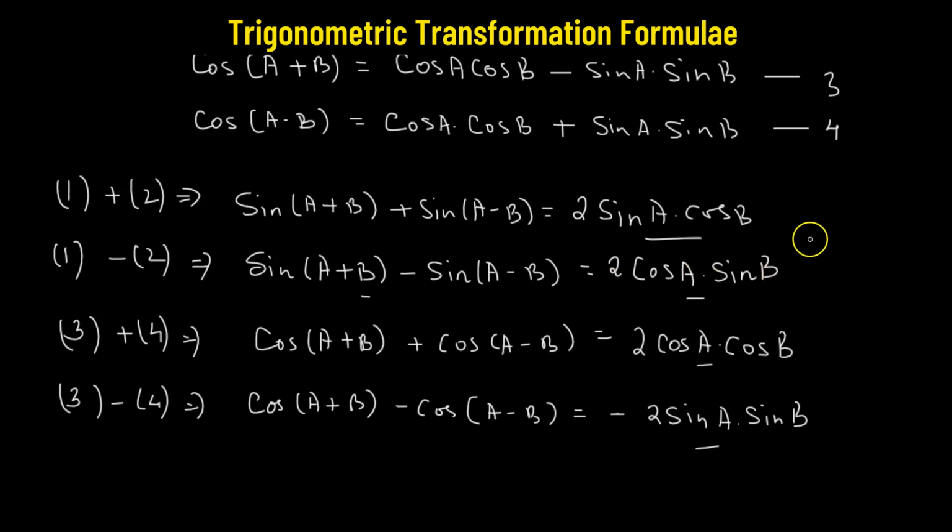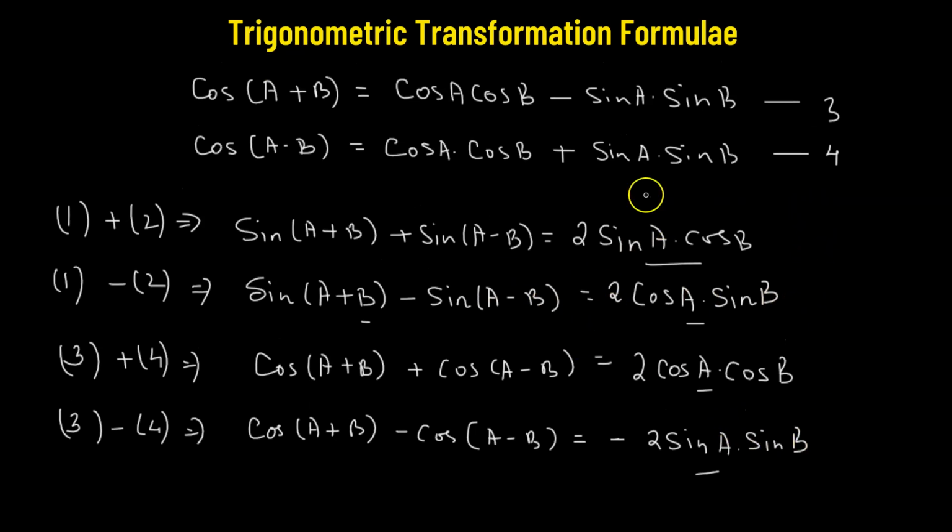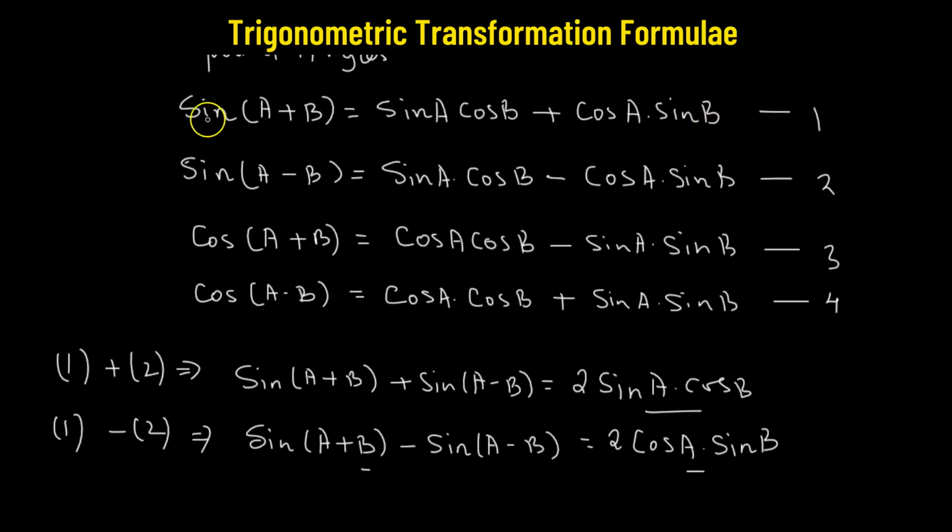Even if you forget this formula, you can always derive it the way we did here. But for this, of course, you'll have to remember the trigonometric ratios of these compound angles.